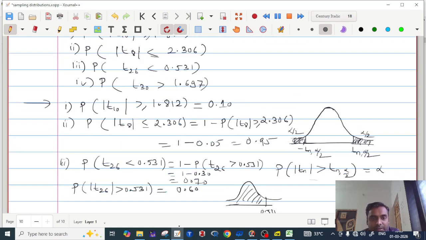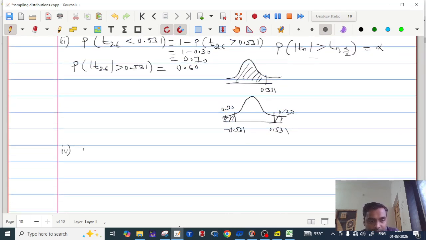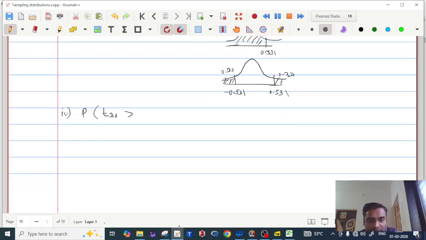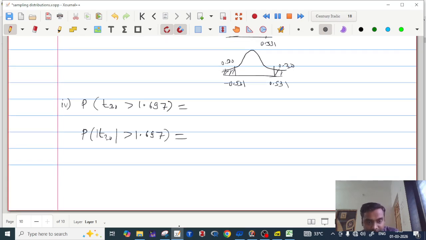Fourth one. Probability of T30 greater than 1.697. Again, first of all, see the value of mod of T30 greater than 1.697. Once you obtain this probability, just divide it by 2. You will get the required probability. Very simple.